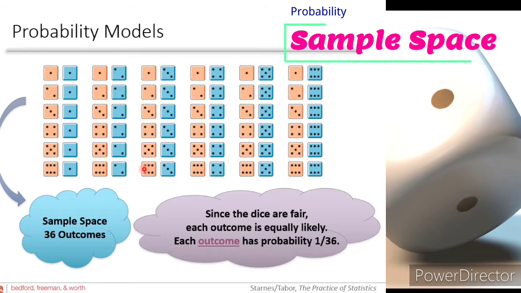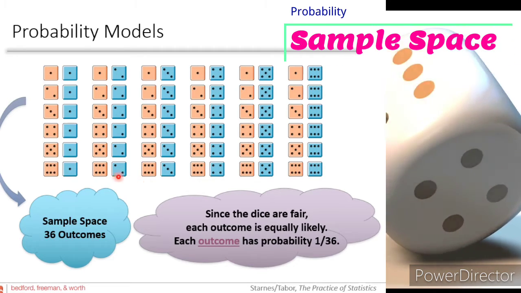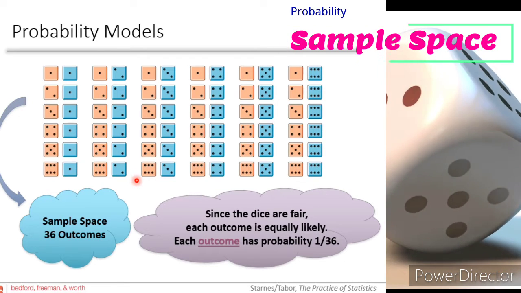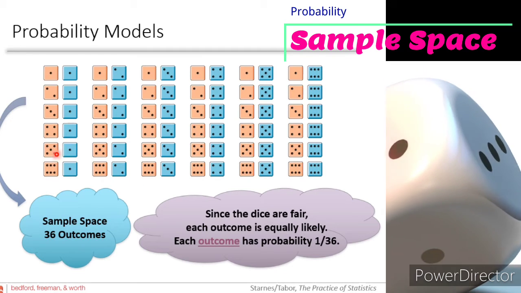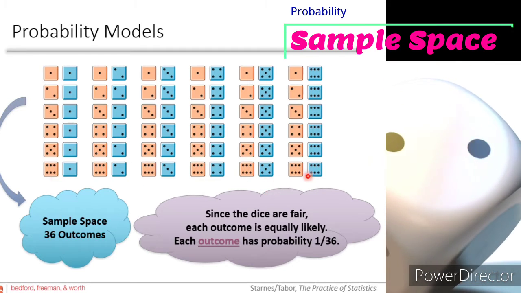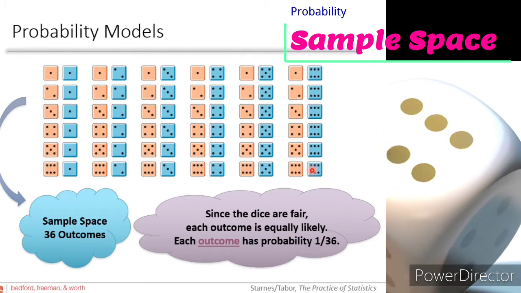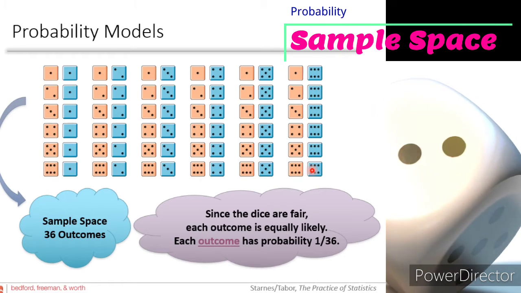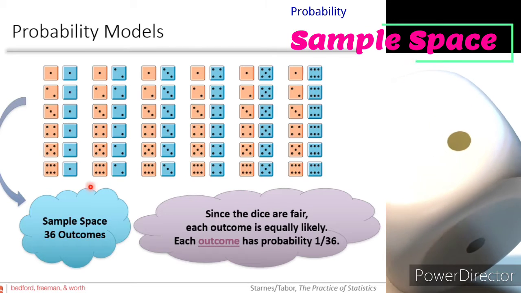So, what are the possible or what are the sample space that you can get out of rolling a pair of die? So, meron tayong 1-1, 2-1, 3-1, 4-1, 5-1, 6-1, hanggang sa marating natin yung 6-6. So, ito na yung pinakamataas nating score na pwedeng mangyari when you roll a die. Yung 12. So, ito yung tinatawag natin sample space.